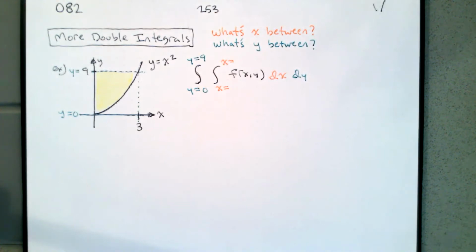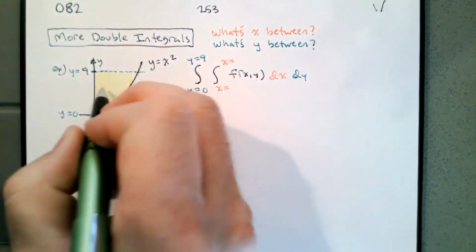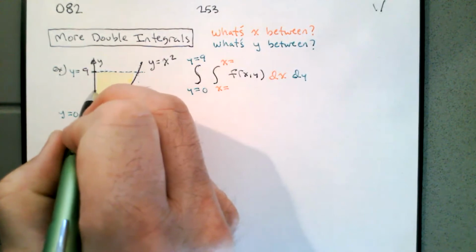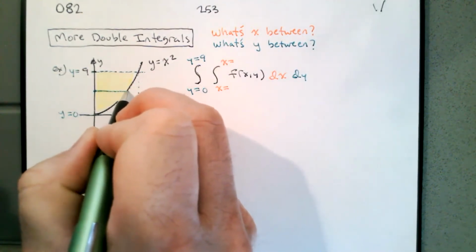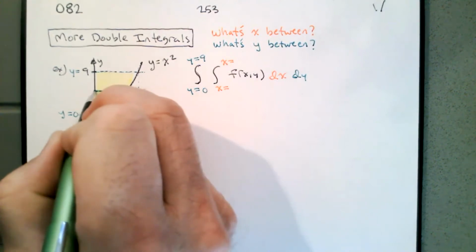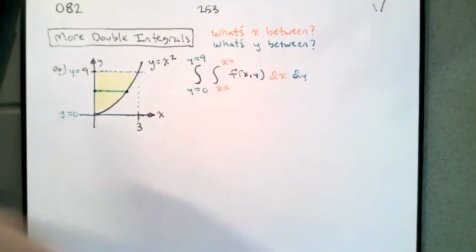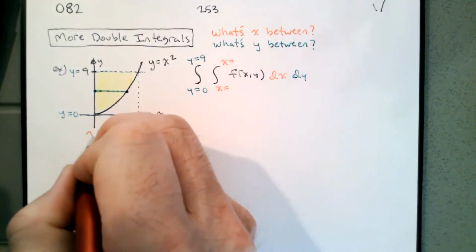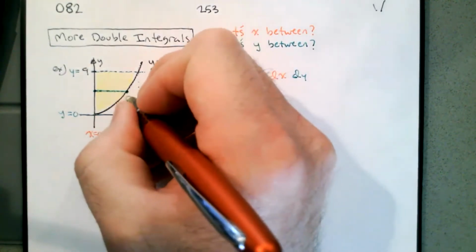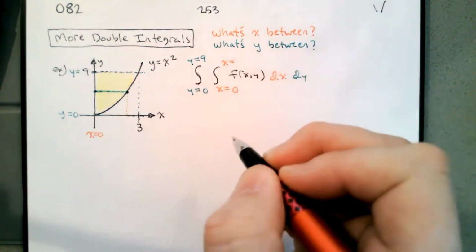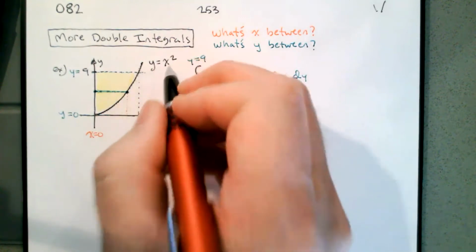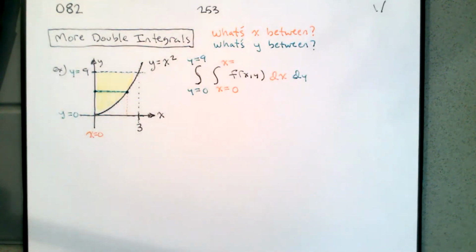Now we have to look at what x goes between. So what we're going to do is pick a generic value of y and find the lowest value of x and take that up to the highest value of x. The lowest value of x appears to be 0. And the highest value of x appears to be at the function. So x starts off at 0 and ends at the function, but the function says y is equal to x squared.